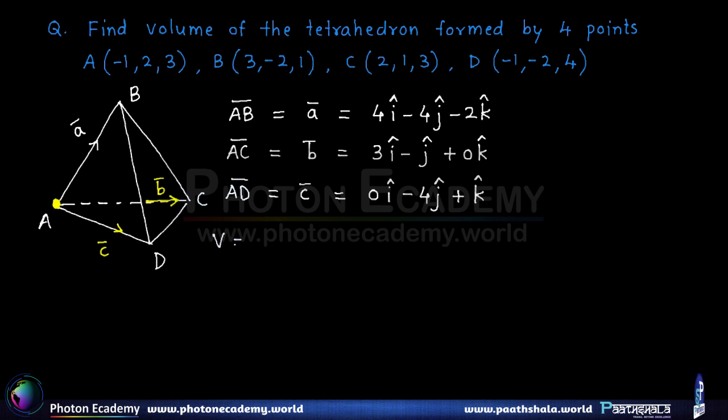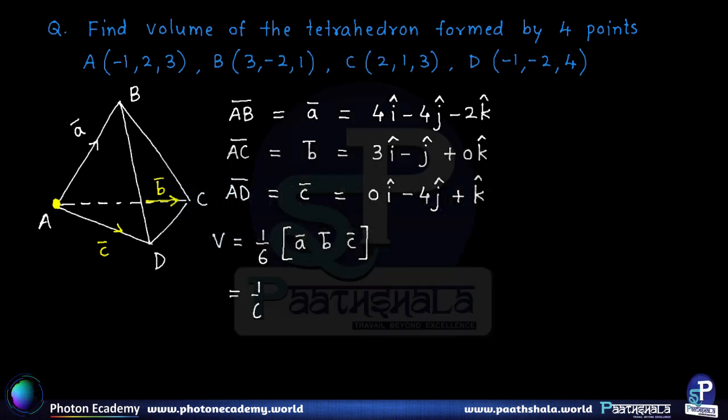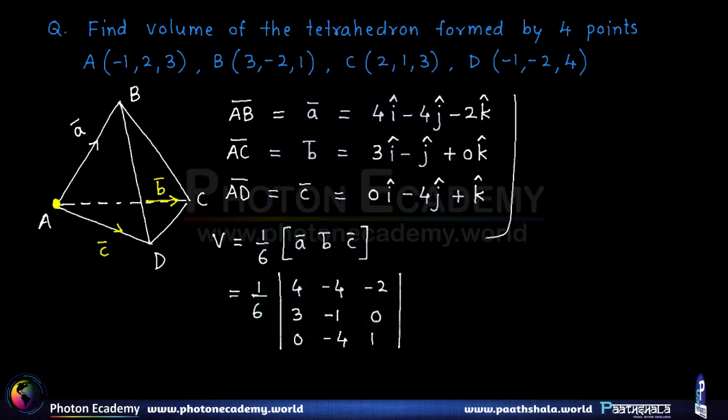Now the volume is given by 1/6 the box product of A bar, B bar, C bar, where A bar, B bar, C bar are the coterminous sides which we have already calculated. So that gives us the determinant 4, minus 4, 2; 3, minus 1, 0; 0, minus 4, 1. We'll simplify this further.